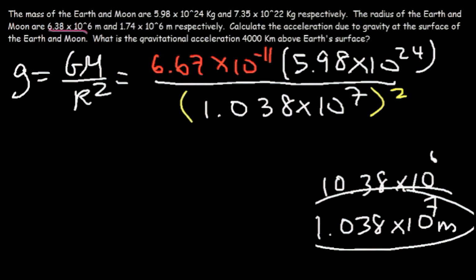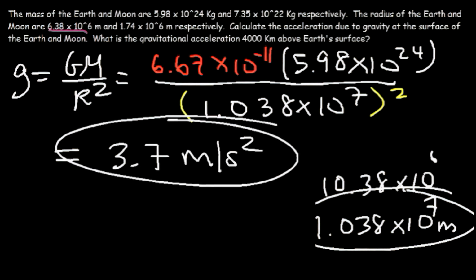So we should expect an answer that's much less than 9.8. So the answer that I got is a gravitational acceleration of 3.7 meters per second squared. So that's the gravitational acceleration 4,000 kilometers above Earth's surface.